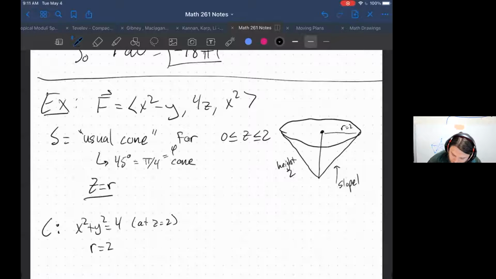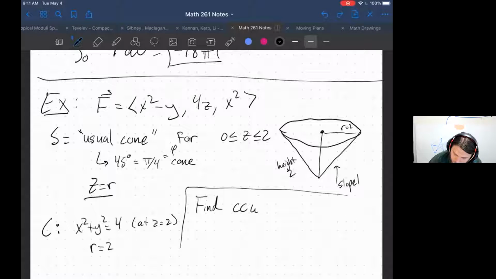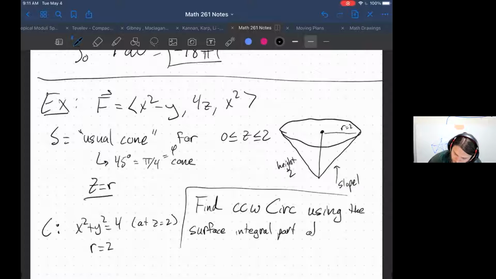But the goal of this problem is to find the counterclockwise circulation using the surface integral, part of Stokes' theorem.